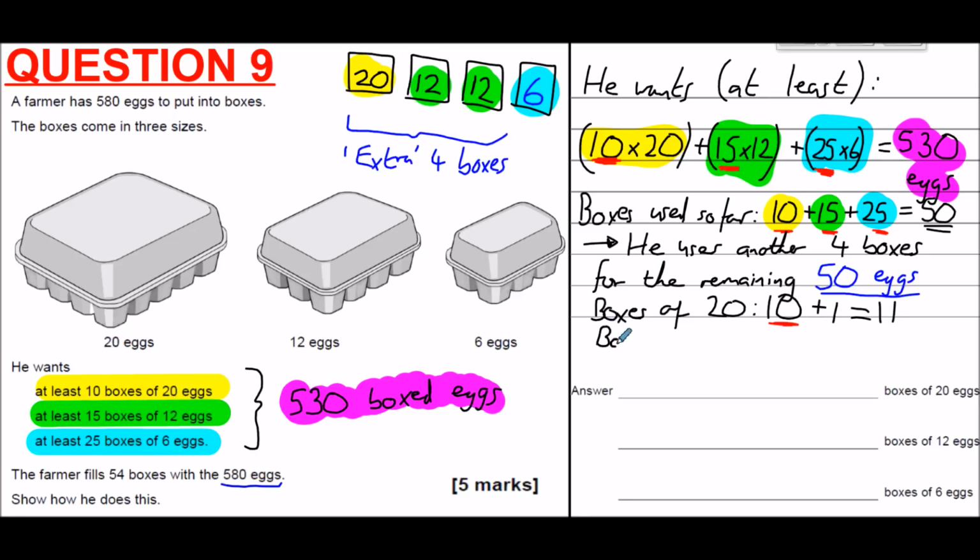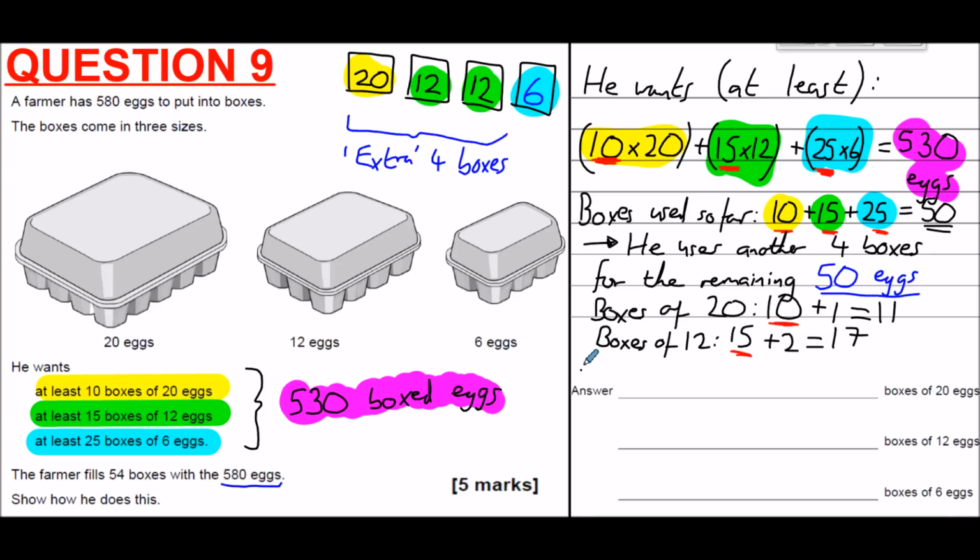Boxes of 12. Well, to begin with, up here, like the farmer said, he wanted at least 15 boxes of 12. But these 4 extra boxes, for those other 50 eggs, we need an extra 2 boxes of 12. And so 15 plus these extra 2 comes to 17 boxes of 12.